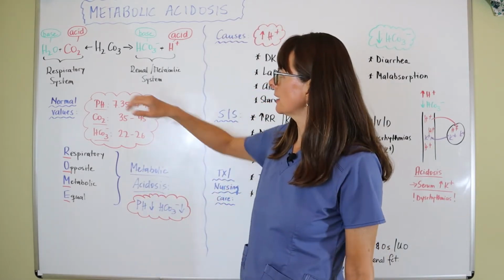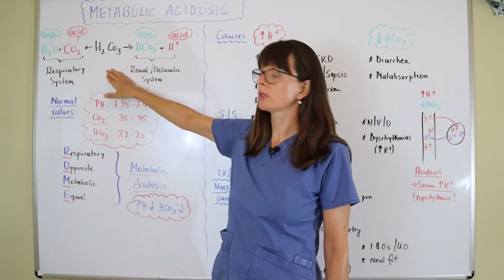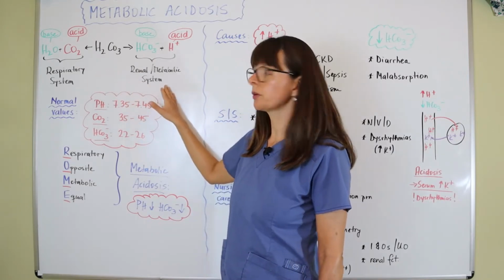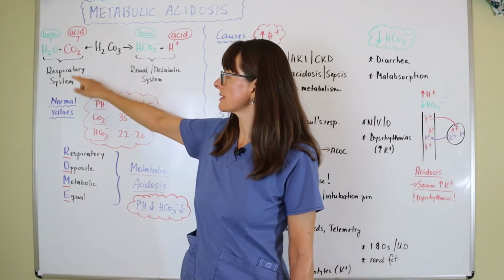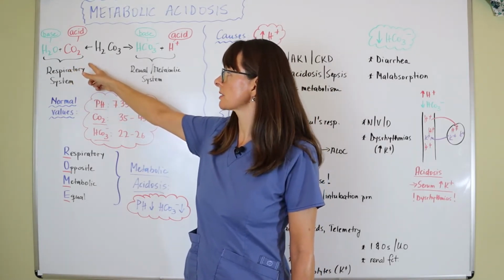So in general, our body produces carbonic acid, which is H2CO3, that can be broken down by either the respiratory or the renal systems. The respiratory system breaks it down into H2O and CO2, which is water and carbon dioxide.